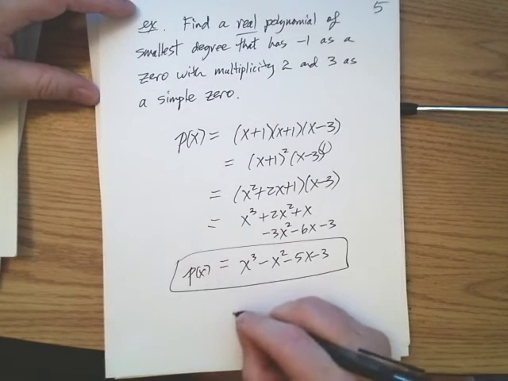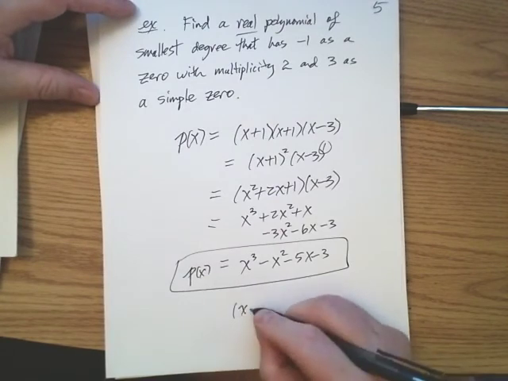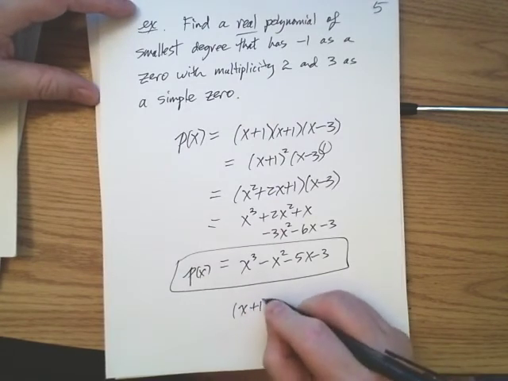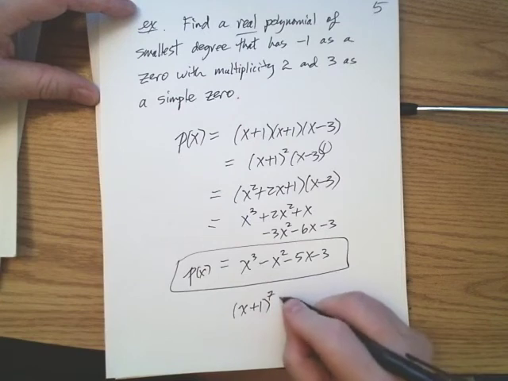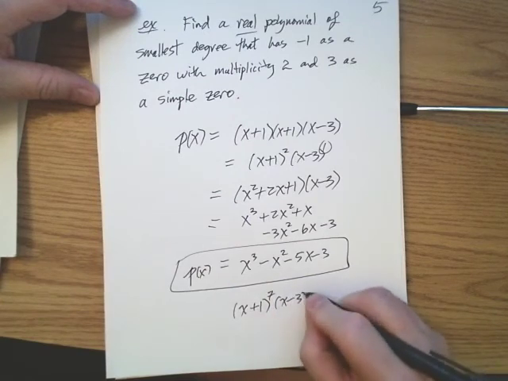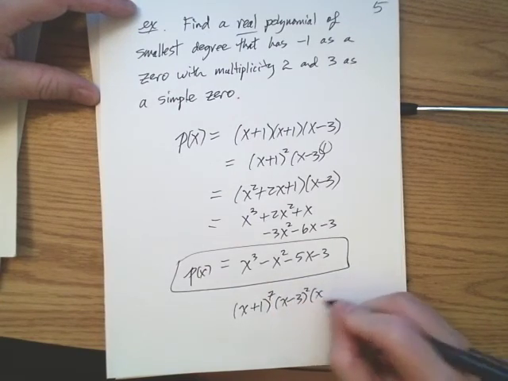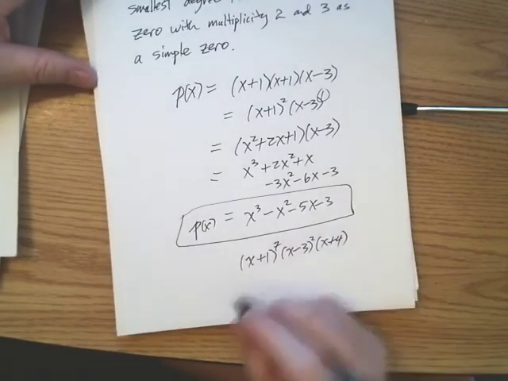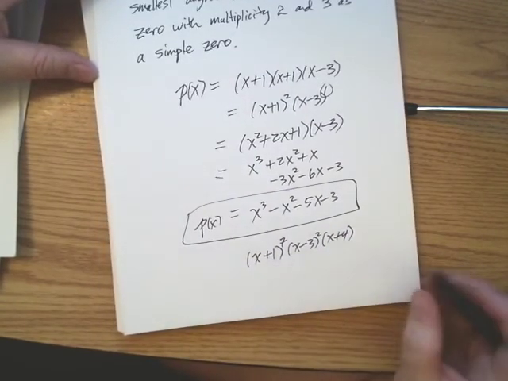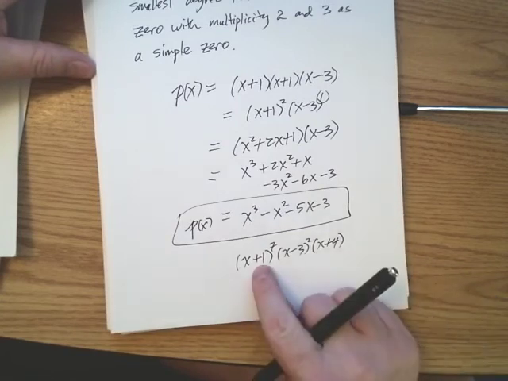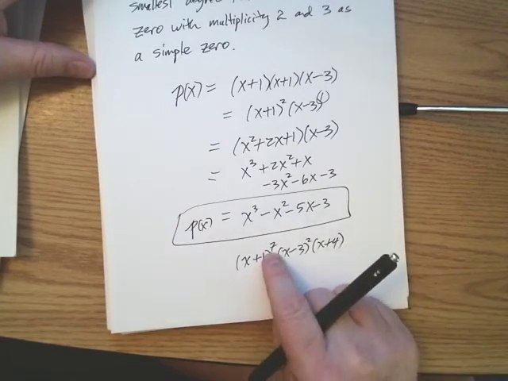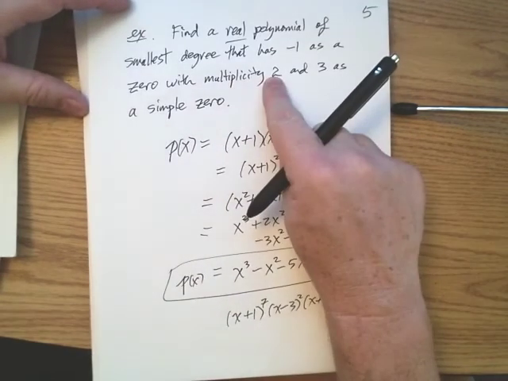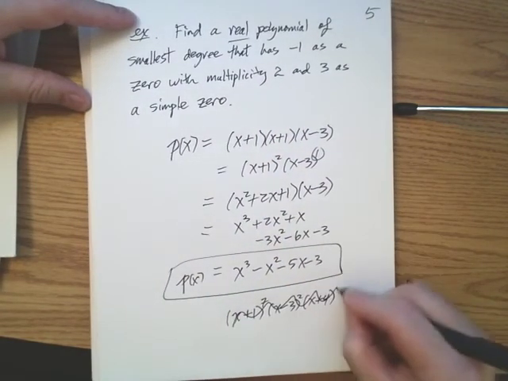Now, I might mention in this, if I started doing this, well, let's maybe don't do this. Well, let's just consider if I had that polynomial, I'd have -1 to the multiplicity 7. That would violate this condition, right? So that wouldn't work there.